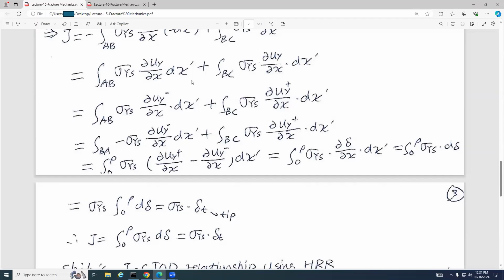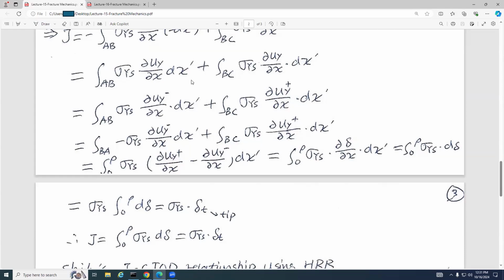Now, what is the uy plus minus uy minus? Uy plus is the displacement on the top edge, and uy minus is the displacement on the lower edge, right? So what's the difference between these two guys? The difference between these two guys is how big you crack open. You have a sense?